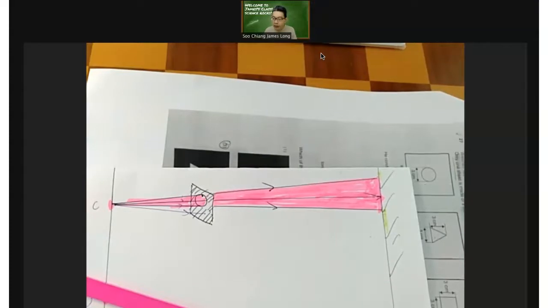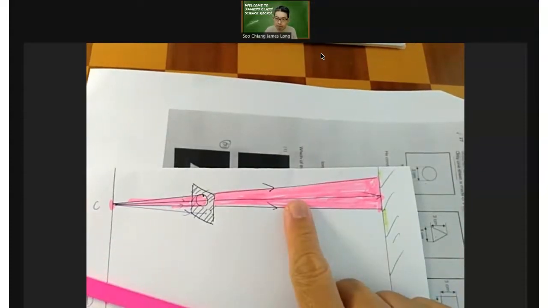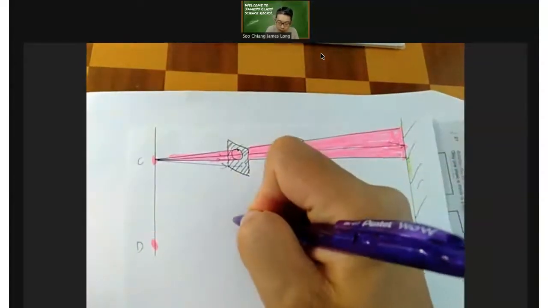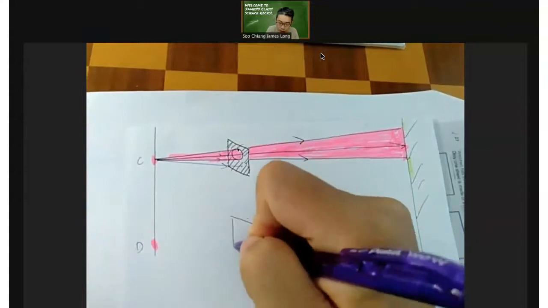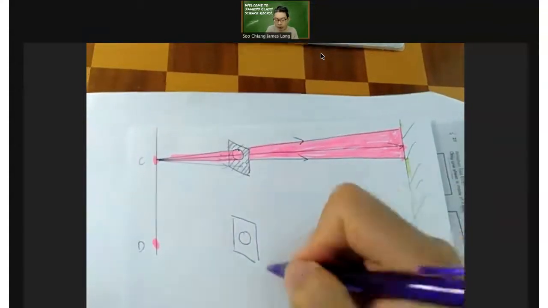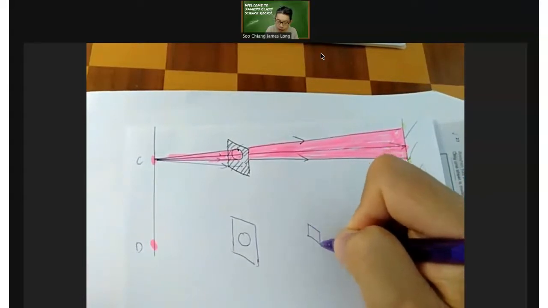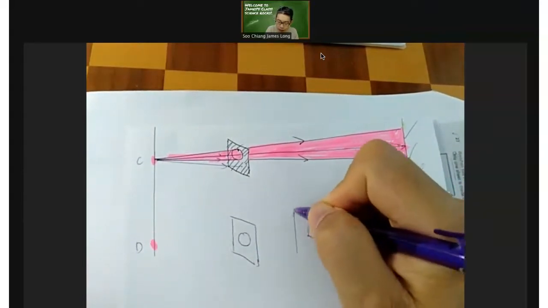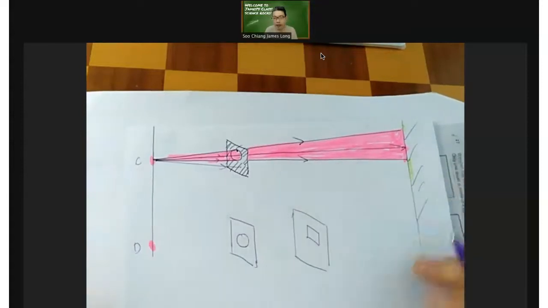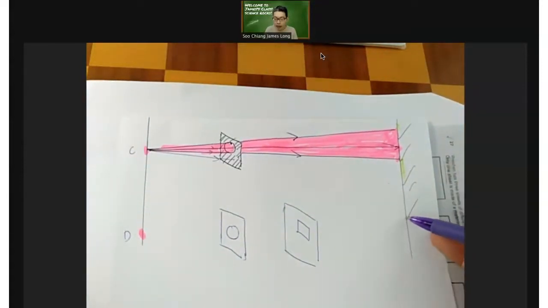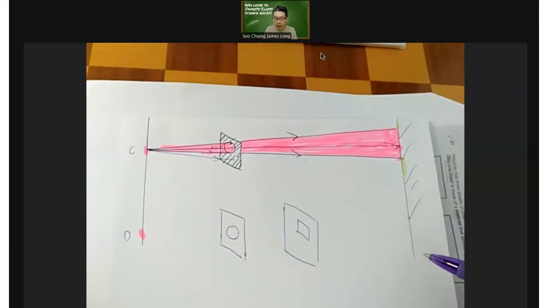Now, what happens if I put another object here? Okay, now let's see. I'm going to draw the same circular object here, and I'm going to draw maybe a square one here, okay? What will be the shape of the light that's being cast here?